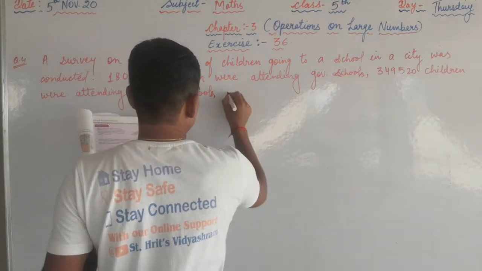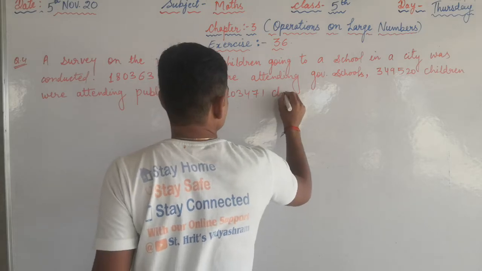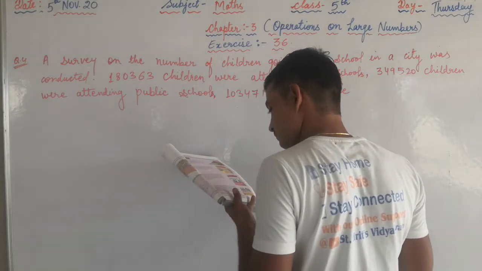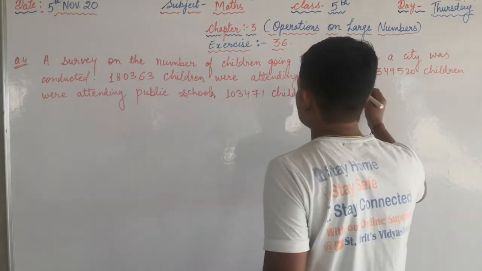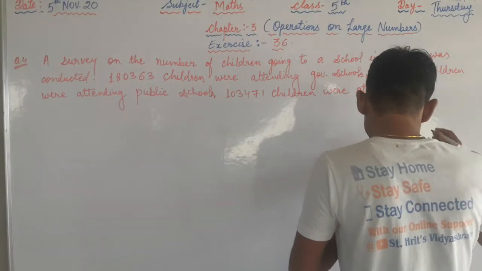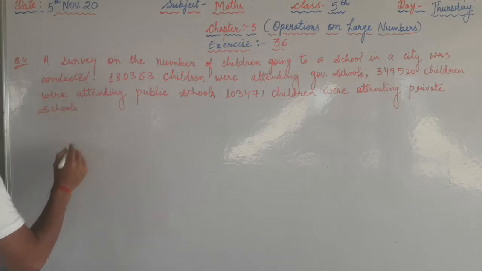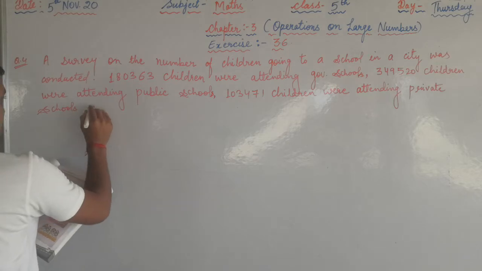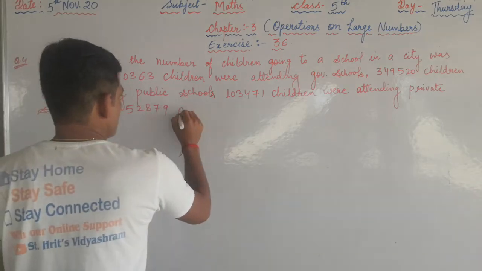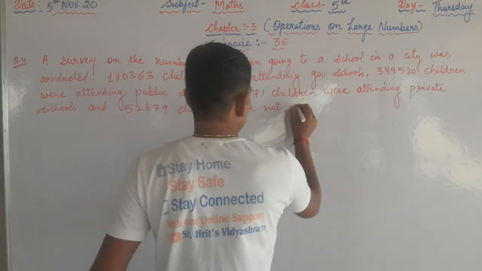and 1,03,471 children were attending private schools and 52,879 children were not going to school.